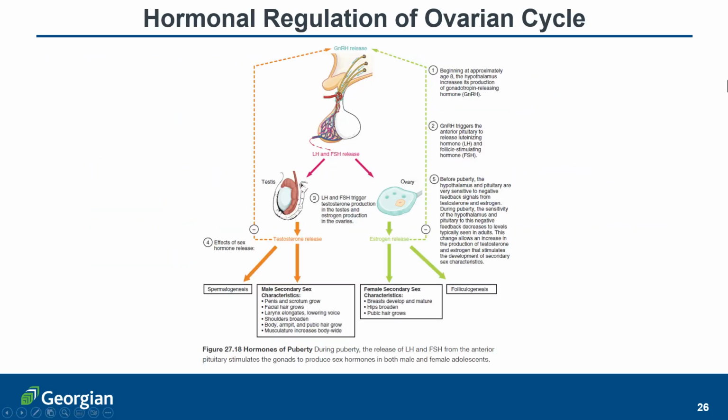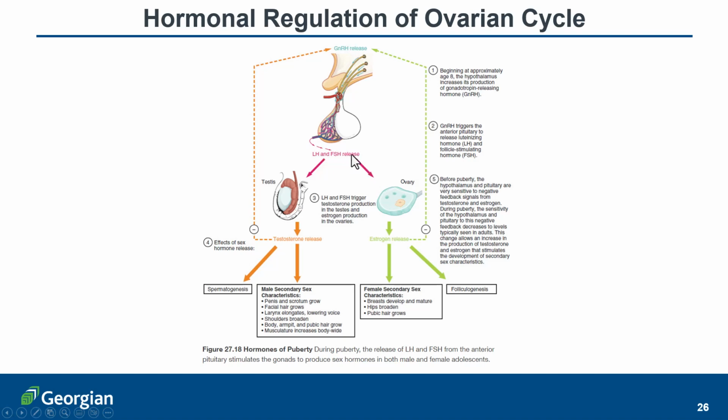Here it is schematically. GnRH is released from the hypothalamus, travels down the hypophyseal portal tract to the anterior pituitary, thereby triggering the release of LH and FSH. We've seen this diagram previously in terms of the hypothalamus pituitary testicular axis. Now it's the hypothalamus pituitary ovarian axis.